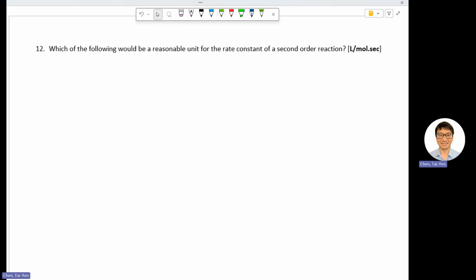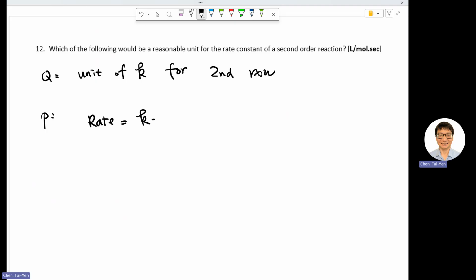From the description, what you want to know is the unit of K for a second order reaction. You don't really have data, but you have a plan, because every time we write out the rate law, you always write rate equals K times reactant to a certain power. In this case, it's the second power. So that's what you should start with.